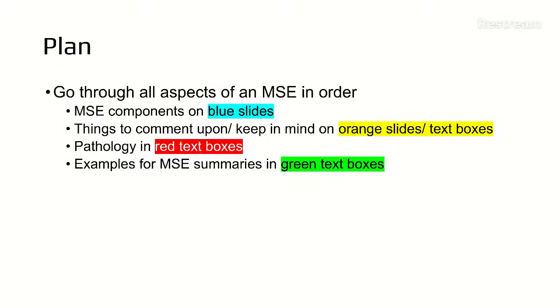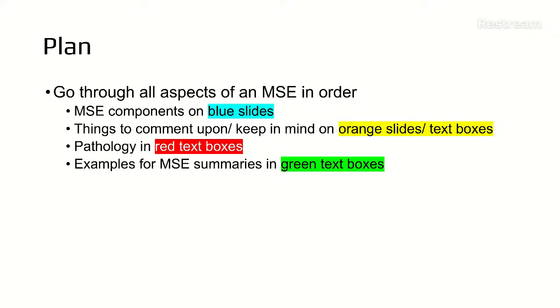Right. So today the plan is to go through all the components of the MSE in order, including the risk assessments. I have color-coded my slides so that the MSE components are on the blue slides, and the orange slides are more things to keep in mind when you are performing that part of the MSE, say, things to ask about or elicit.